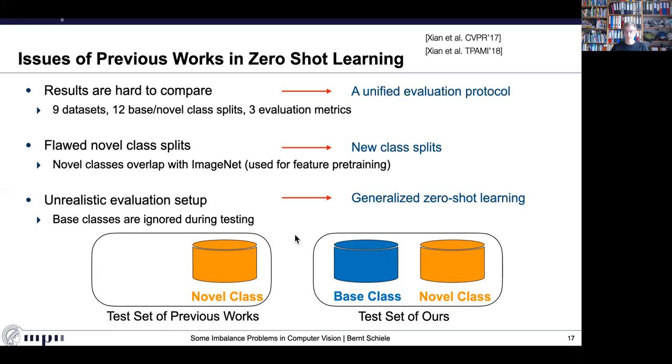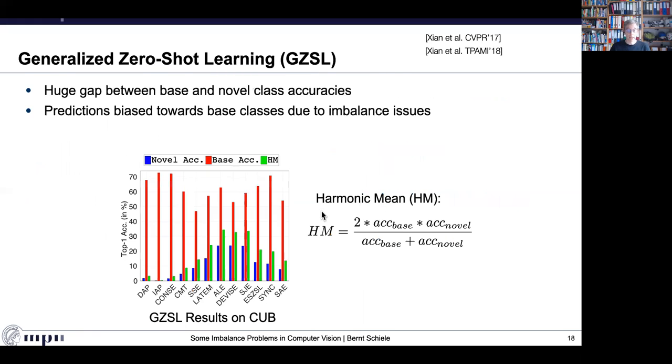Just for mentioning that there is this benchmark out there that you can use if you want to compare to other people's work. Just to make the point that generalized zero-shot learning really is important to look at, let me show some of the approaches we benchmark in this benchmark paper. There's a huge gap between the base and novel classes. The red bars are the performances of the approaches on the base classes, much higher than the novel class accuracies, which are the blue bars here.